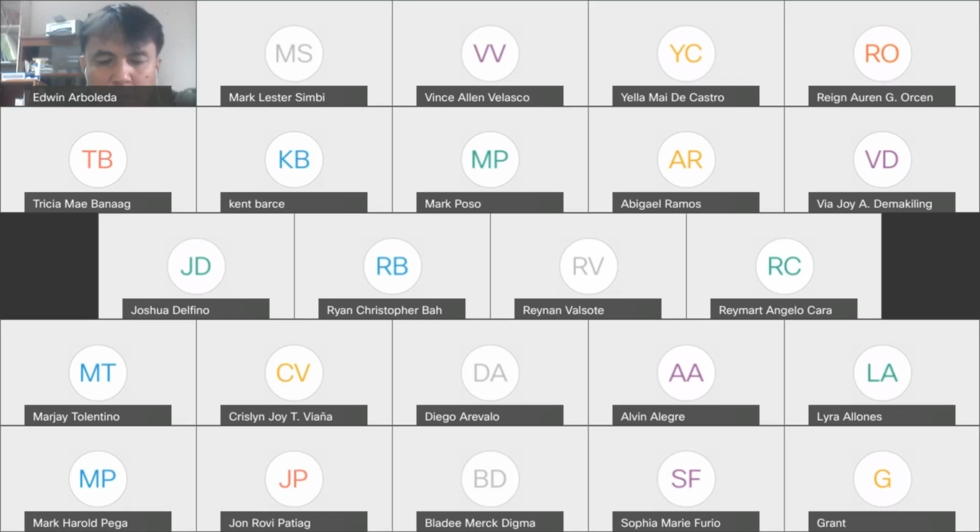Si Rain Auren Orsena. Present po. Okay. Present. John Roby Pachag. I can see your name in the screen, but kindly say present.